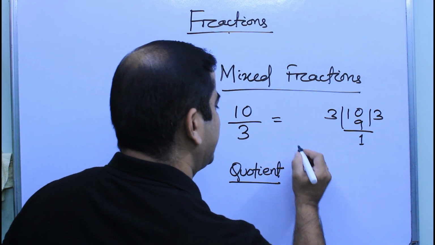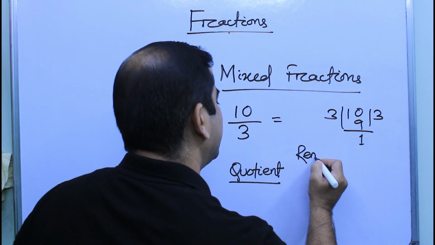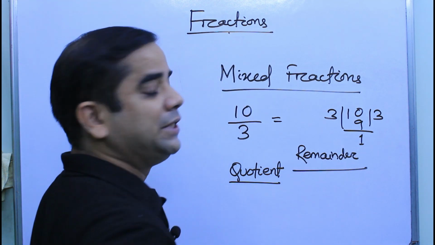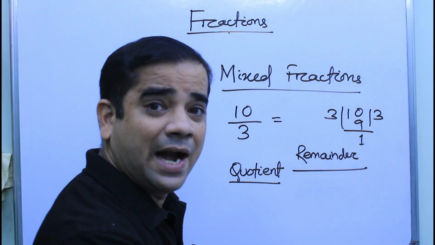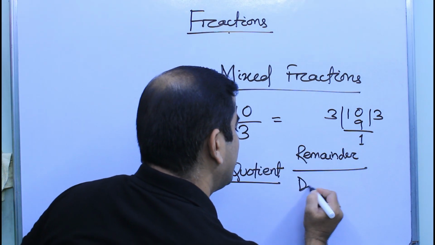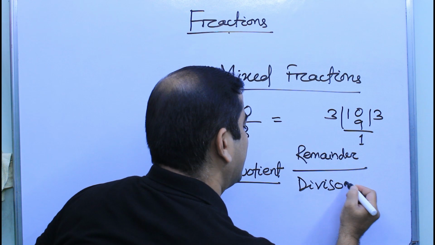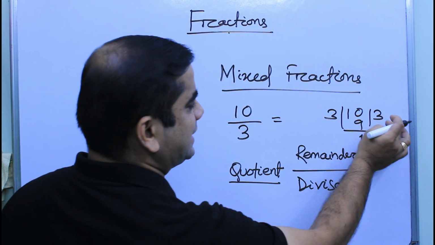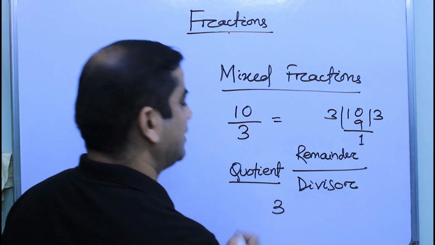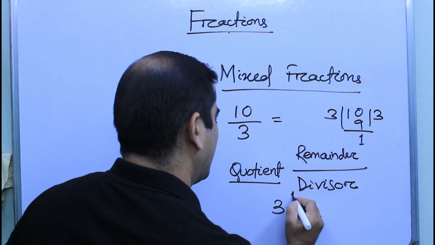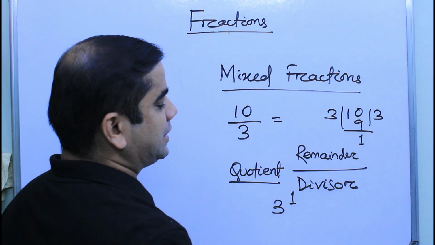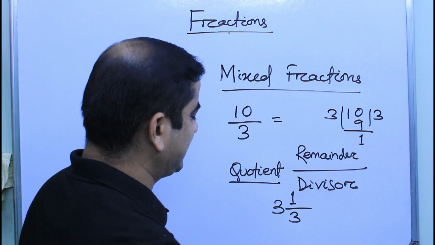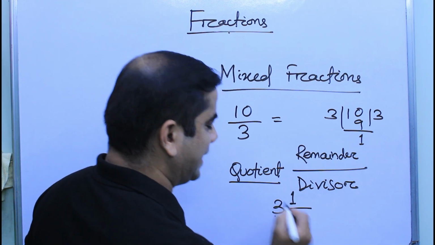Then the fraction part is remainder, which will be the numerator, and denominator will be your divisor. So in this case, which is the quotient? It is 3. Which is the remainder? It is 1. And which is the divisor? It is 3. So the mixed fraction is 3 1 by 3.